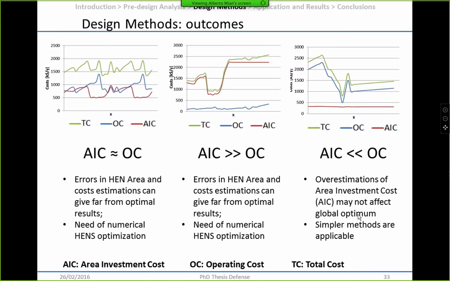So only for this class of problems we can apply the simplified approach, because a variation of this point will not basically affect the real function shape.